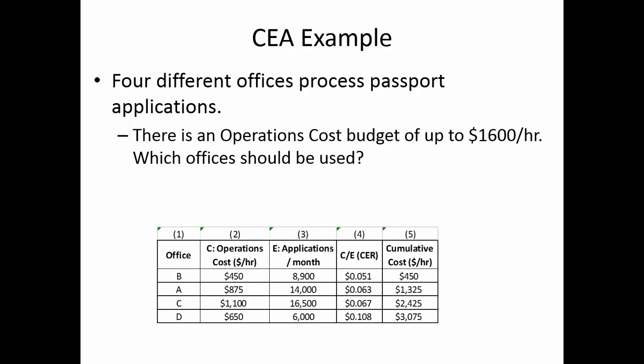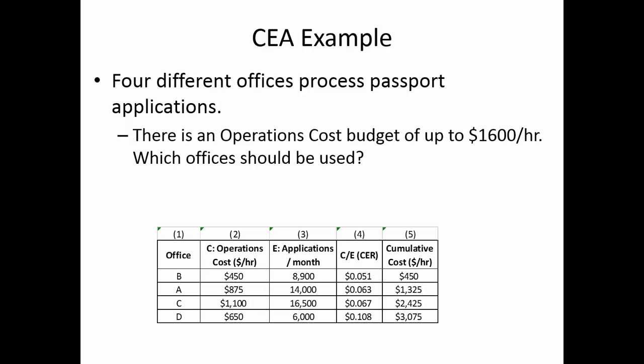Let me give you one more point of information, is that the units don't have to cancel out. Look at what are the units of C to E. In this case, C is dollars per hour, and E is applications per month. And so maybe because you're used to having the units work out in fluid mechanics or other courses, maybe you're thinking to multiply hours by how many hours are there in a month and so on.